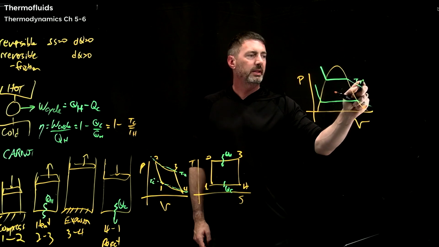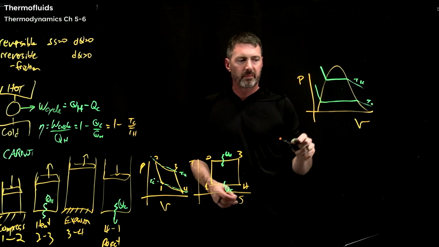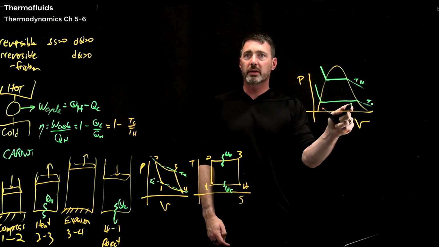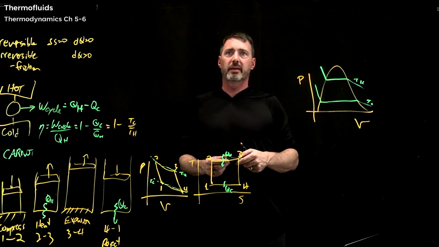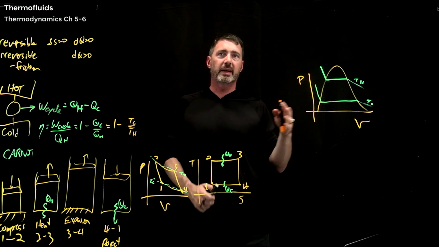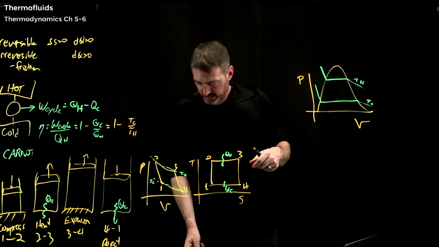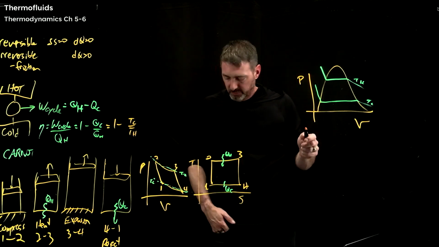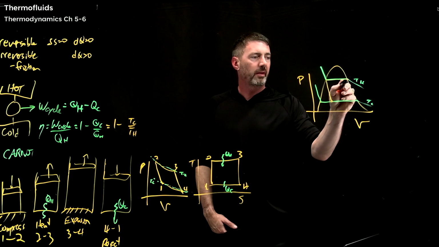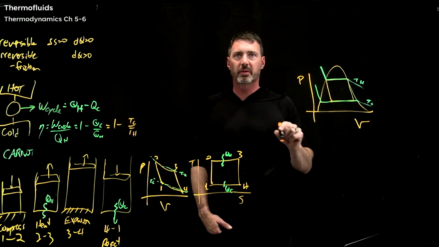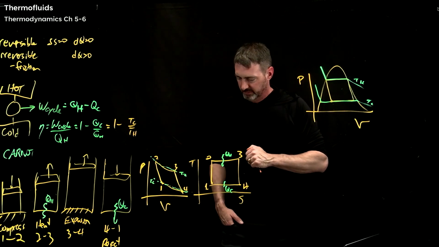This would be T hot, this is T cold. And so when you're boiling water, your temperature stays constant as you're adding energy, and the pressure stays constant. And so you could actually build a cycle where you compress and then reject heat. You could build it like that. You get kind of close, okay?